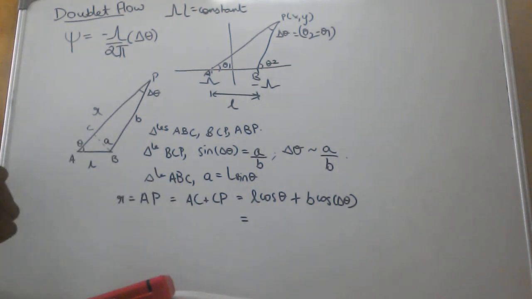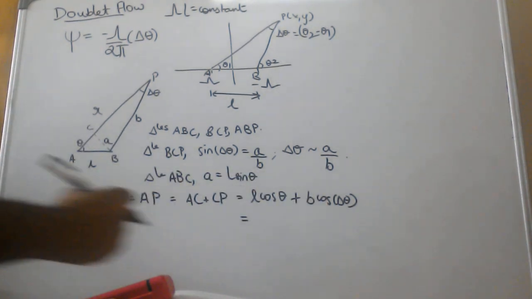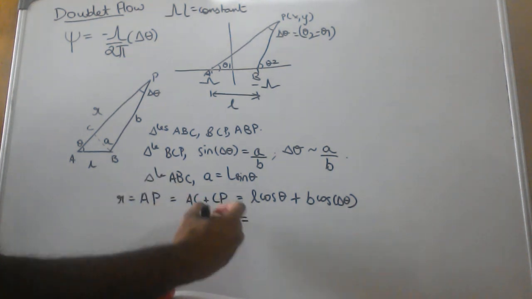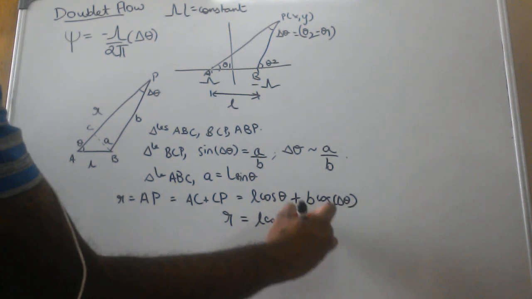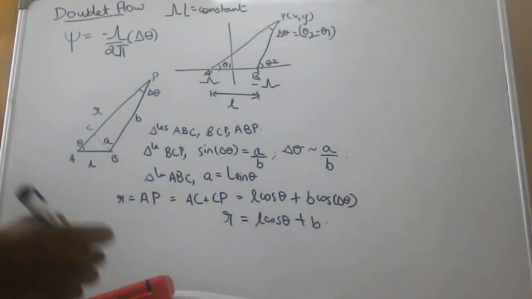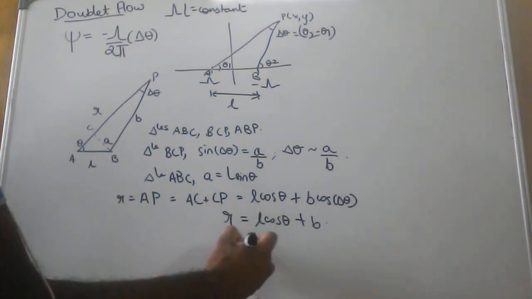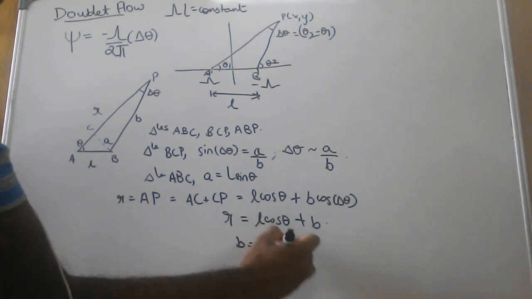And now we apply the approximation for delta theta being very small. For very small angles, like how sine theta is close to theta, cos theta will be close to 1. And hence we apply that approximation here for delta theta and get the result that R is equal to L cos theta plus B, right? And from here B is equal to R minus L cos theta.